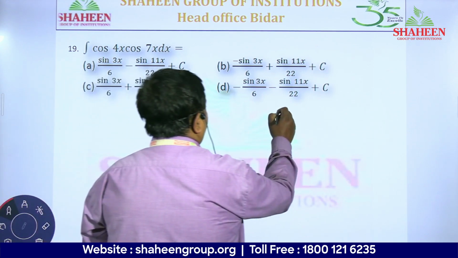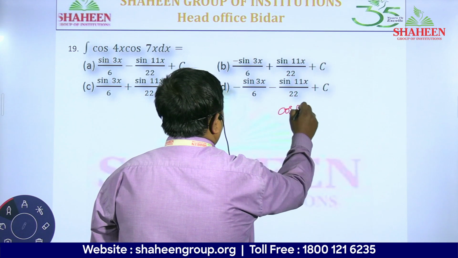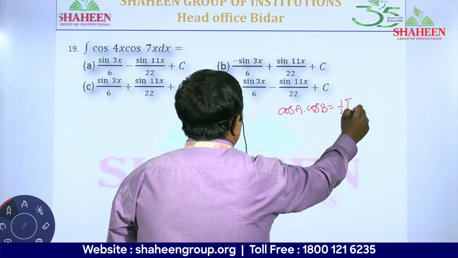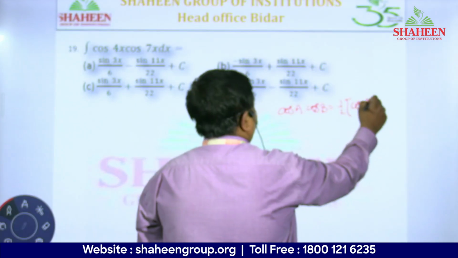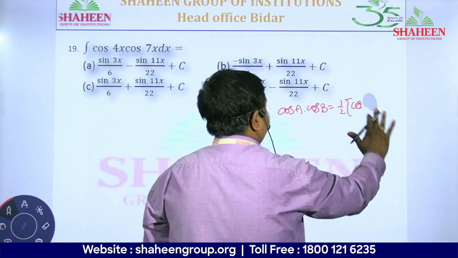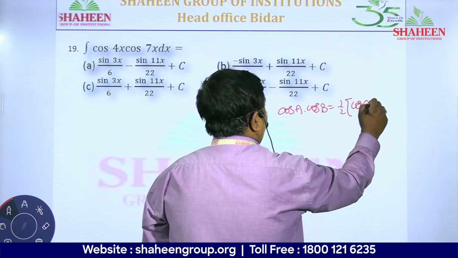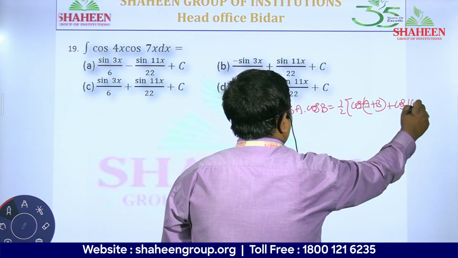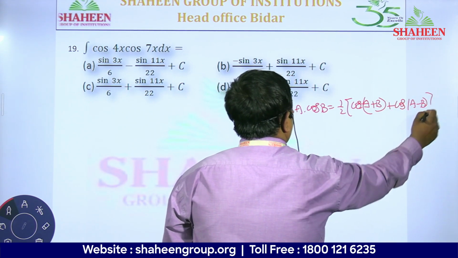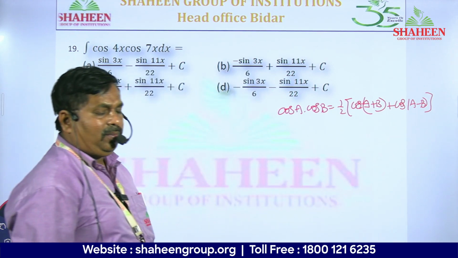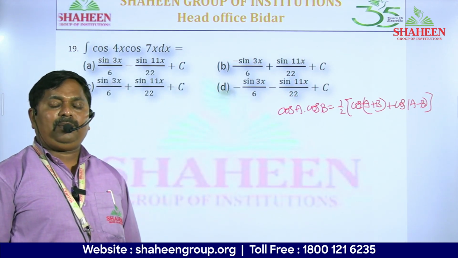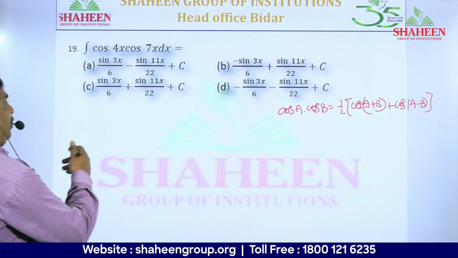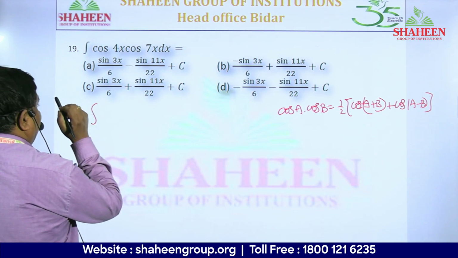We know the formula that cos A into cos B is equal to 1 by 2 into (cos (A plus B) plus cos (A minus B)). Using this transformation formula, the multiplication term becomes an addition term, which can be integrated directly.